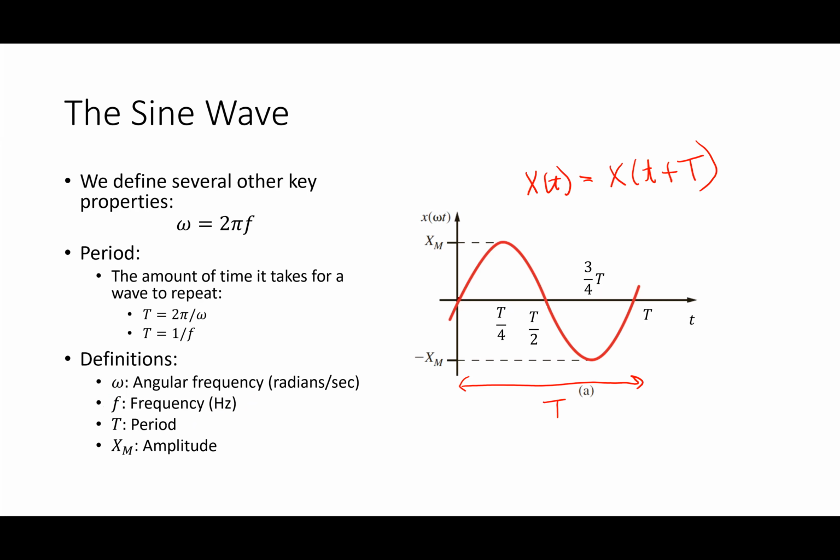The value right here at the peak is equal to the value at the next peak. That is the definition of a periodic waveform, and a sine wave is a special case of a periodic waveform. We're going to talk a lot about periodic waveforms. We have ways of taking any periodic waveform and turning it into sine waves, as we'll see.